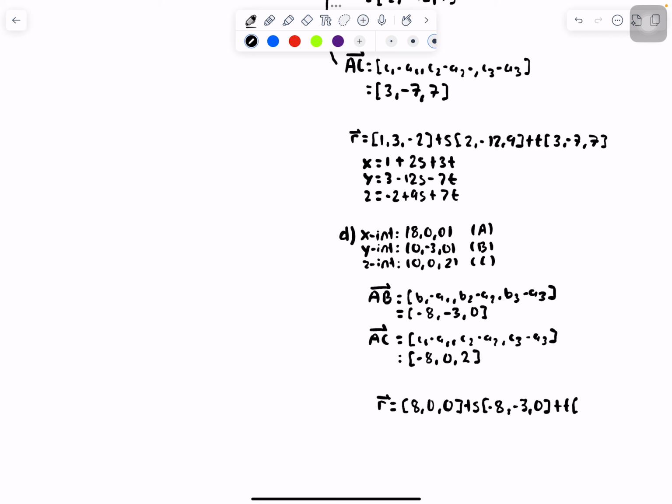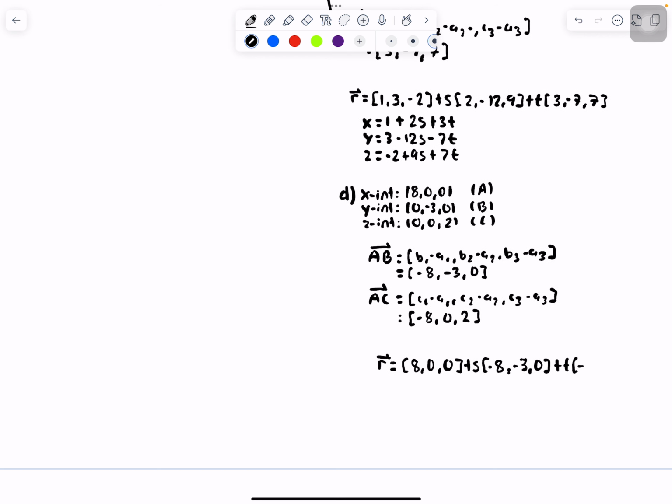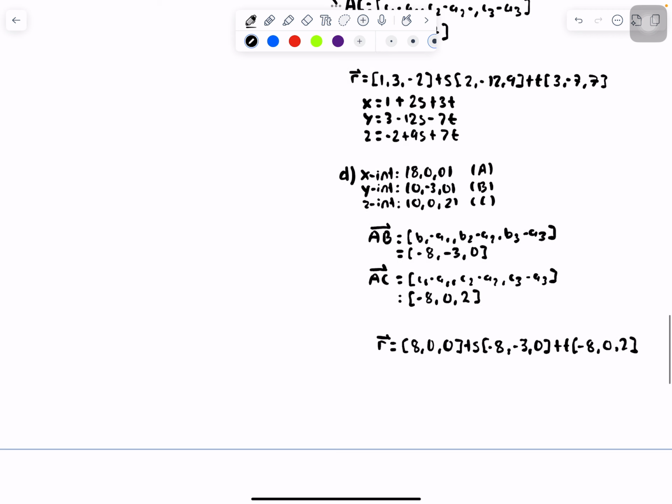So I can form the full equation of the plane, -8, 0, 2, and just enough room to write down the parametrics. We got 8 plus, or 8 minus 8s. 8 minus 8s minus 8t.